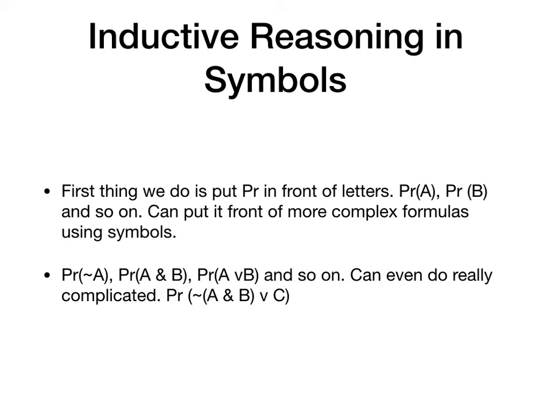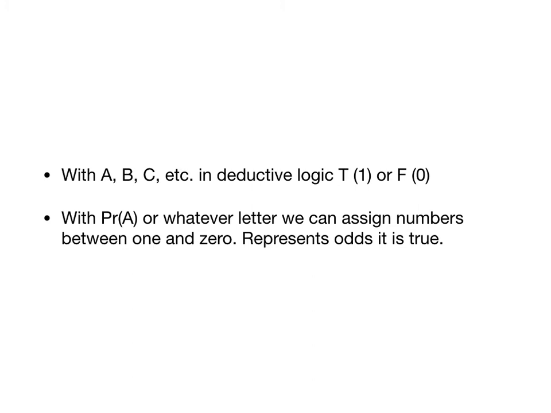All right. Well, how do you model this idea that we're not dealing with certainties, we're dealing with chances, right? With your statements in deductive logic, you have true equals 1, false equals 0.